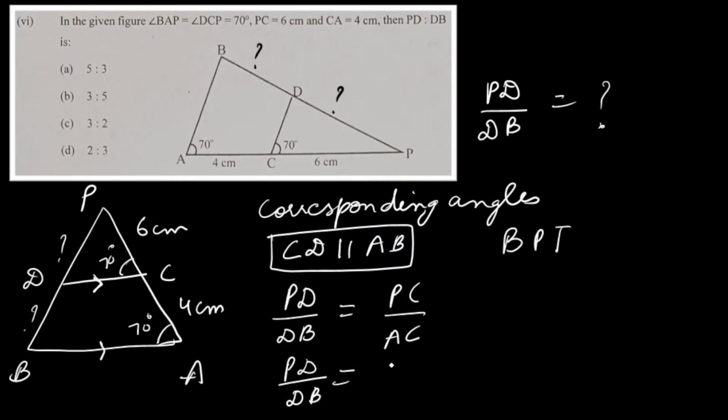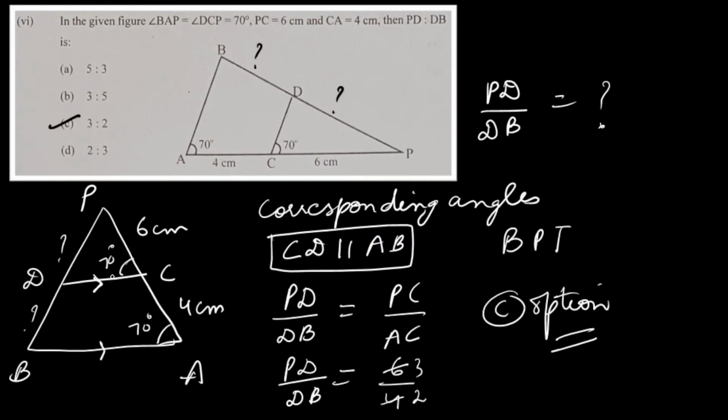PC is given to us as 6 and AC is given to us as 4. I'm just substituting the values, cancellation we can do. So 2 into 3, 2 into 2. So we have found the ratio PD is to DB equals 3 is to 2. You can see this is option C.